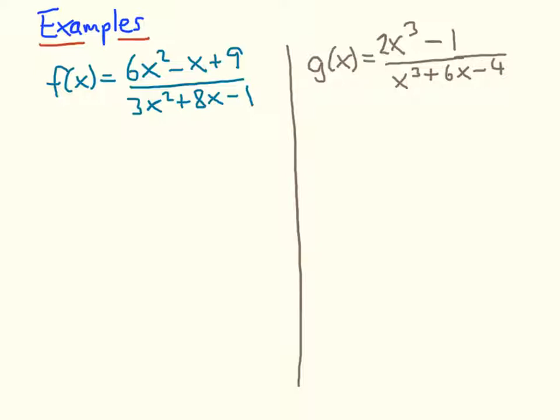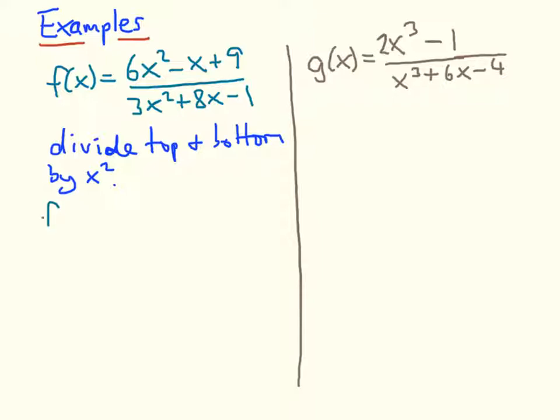So let's look at this function, and I'm going to divide both the top and the bottom by this highest power. So if we do that, we are dividing the top and the bottom by a power of x squared. So in other words, we're not changing the function.